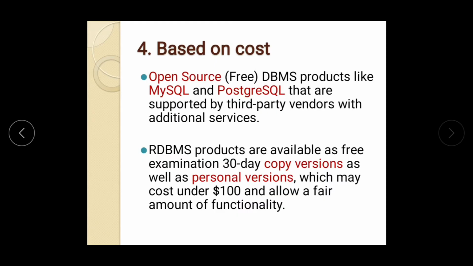So based on the cost, based on our budget, we can choose the appropriate database management system. Open source is there, paid versions are also there, even trial versions are also there, but the functionalities will be minimal. So this is the database management system classification based on cost.